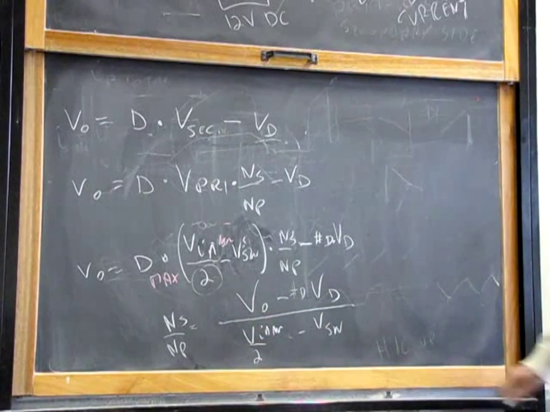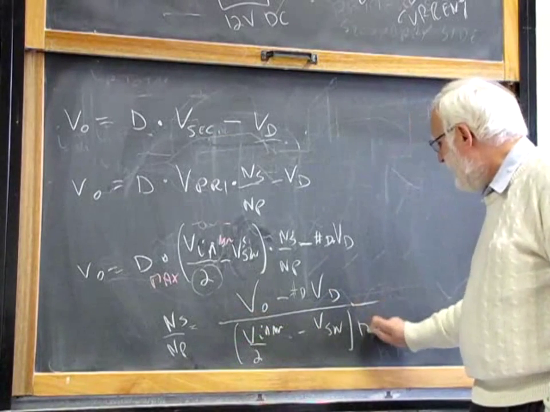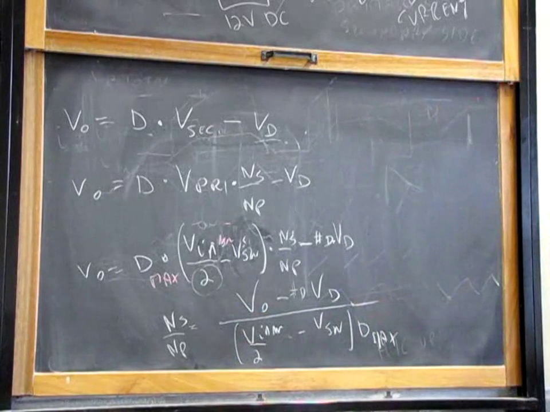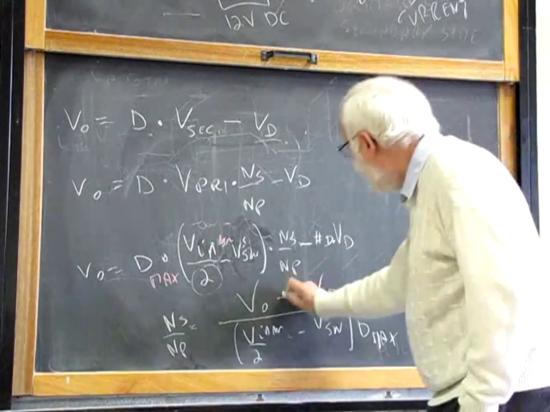I forgot a D somewhere. And this is divided by D max. There is also a plus in the numerator. In the numerator, there is a plus also. The numerator, maybe instead of minus, is a plus. Oh yes.